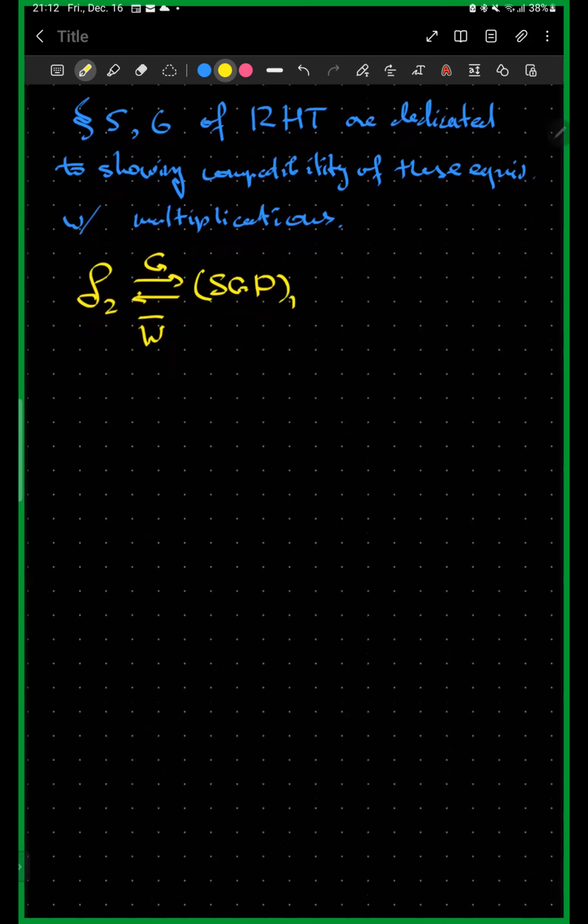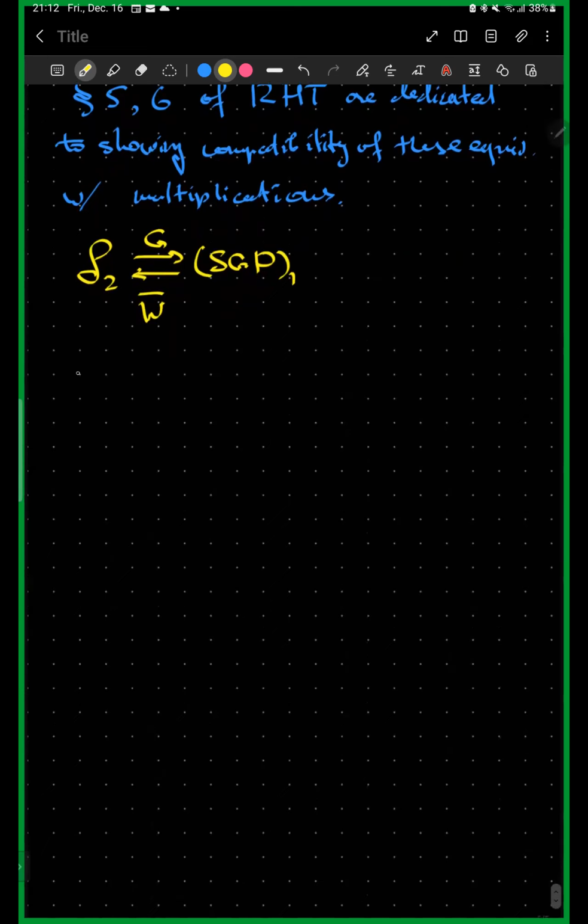So the result is that if we have a space, then its rational homotopy Lie algebra can be identified with an image of this thing.